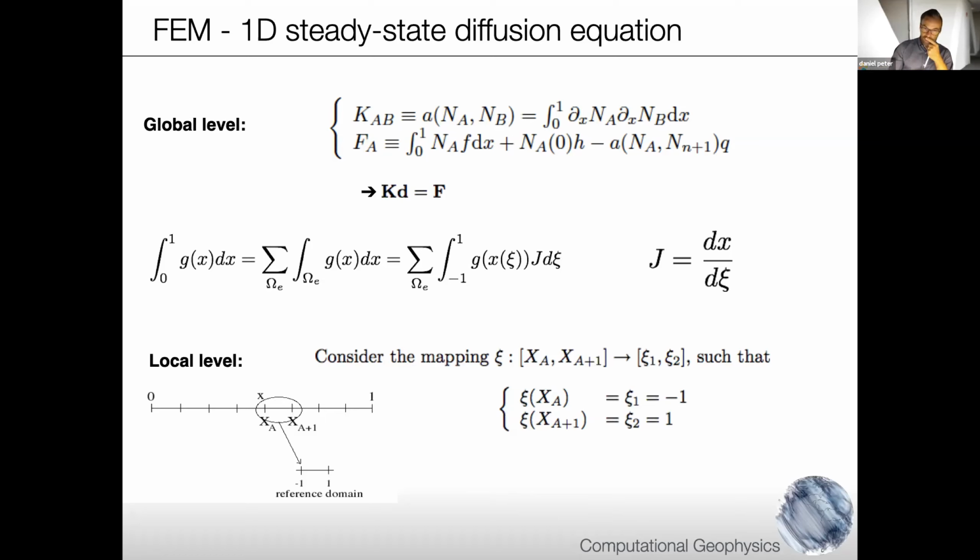So in this last expression where we sum over all elements from -1 to 1, where is the geometry of our problem?